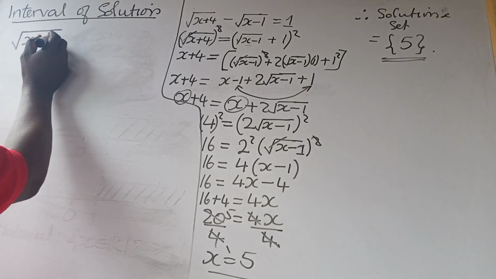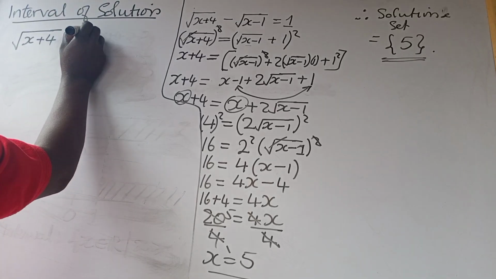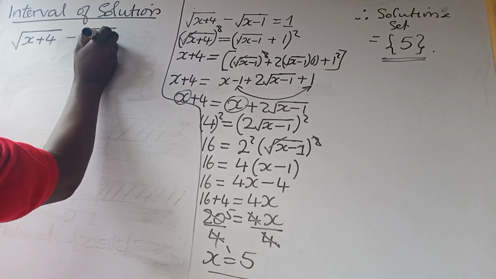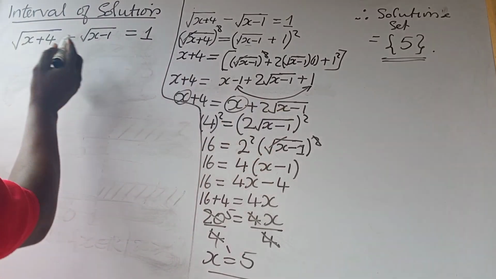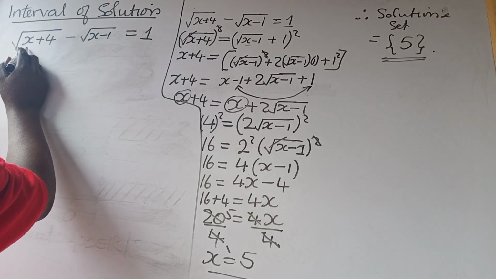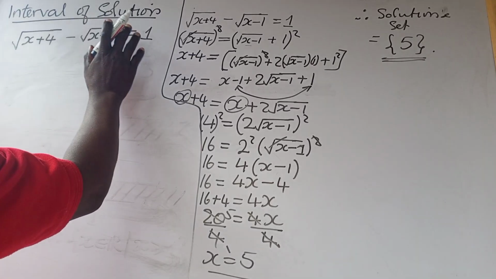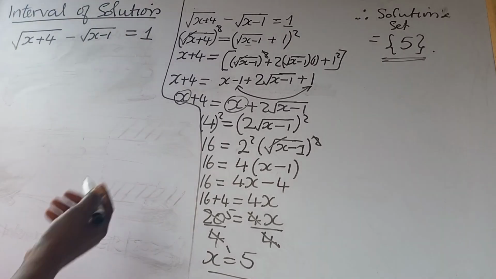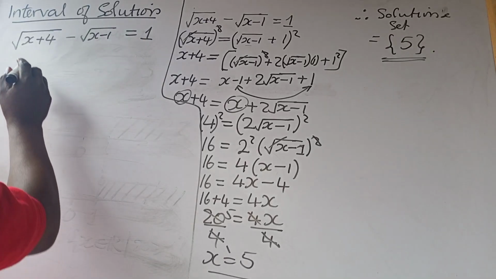Remember, we had root x plus 4 minus root x minus 1 is equal to 1. Let us check if we put 5 in the place of x, we are going to have a true statement for the left-hand side and the right-hand side. That is, we want to see if we put 5 here for x, if we obtain 1. Let's go ahead.